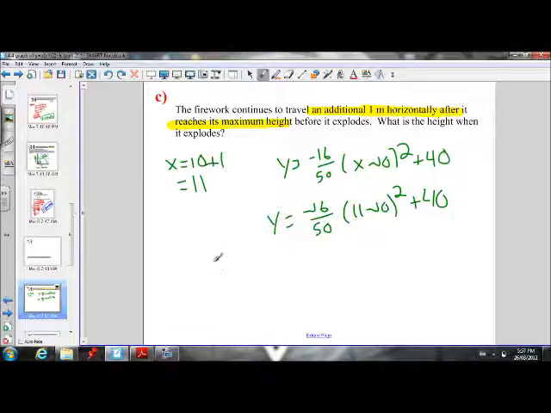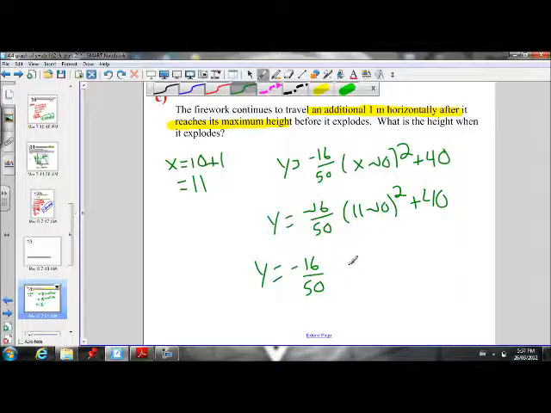If we go through and solve this, we get y equals negative 16 over 50. 11 minus 10 is just 1. And 1 squared is just 1. And when we multiply anything by 1, it just stays the same. So that's gone. And we're still left with the plus 40.